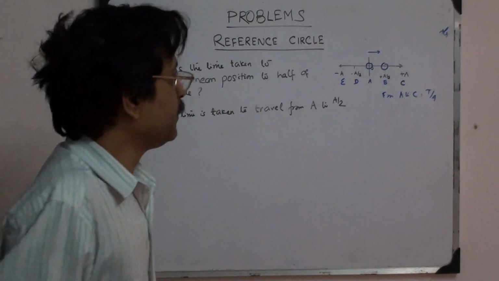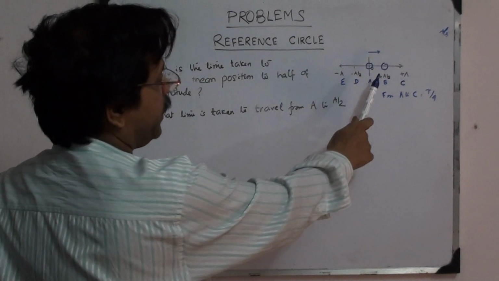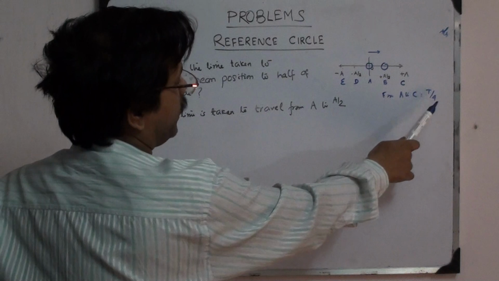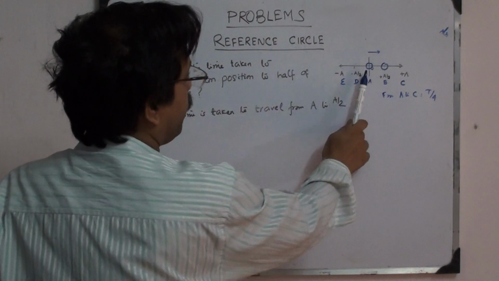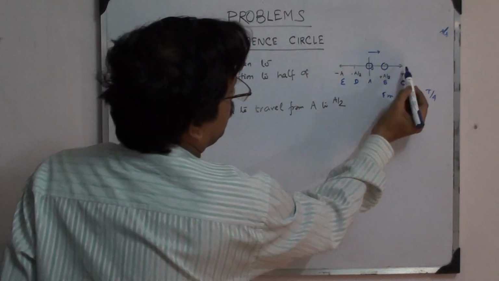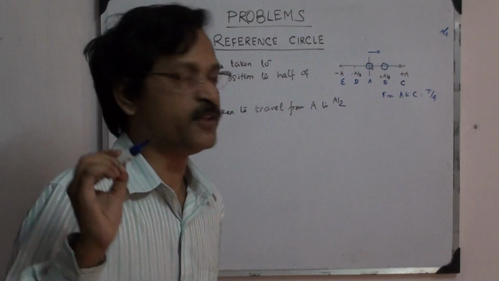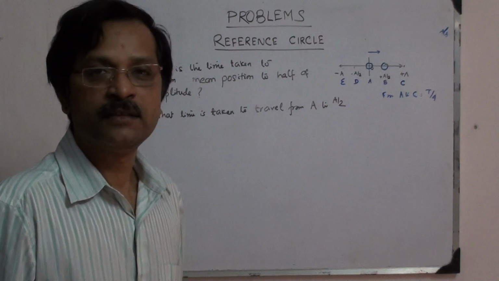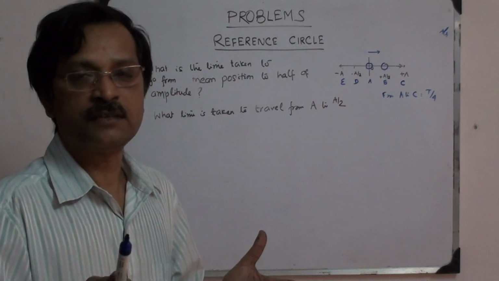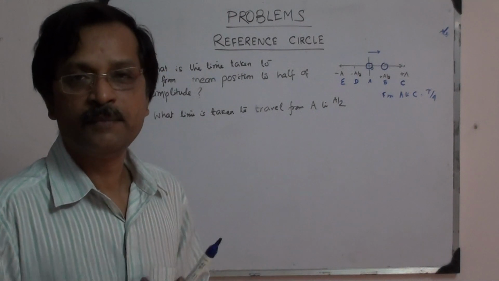So intuitively you think that if the body takes T by 4 time, that is 1/4 of the cycle time, to go from A to the extreme position C, this is the extreme position, that is the full amplitude, then A to B will be half of that. Naturally half the distance, half the time.